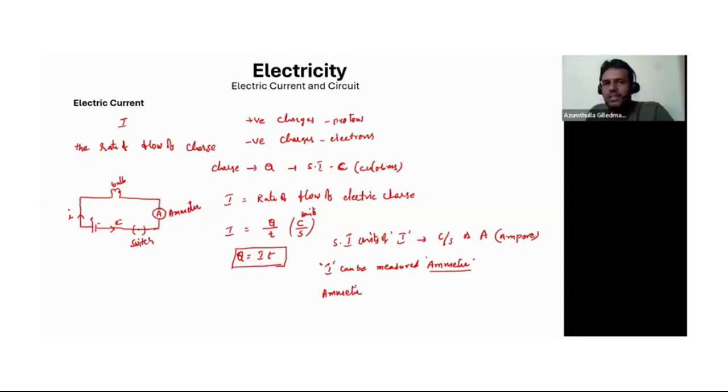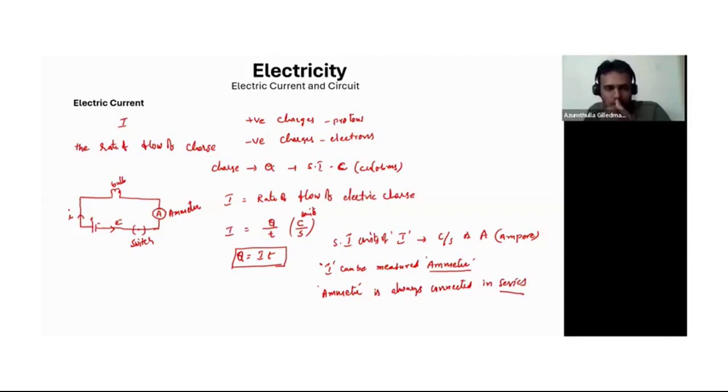Okay, just remember for now what is series. We will learn more about what is a series connection and what is a parallel connection. So for now, you just remember ammeter is always connected in series in an electric circuit.